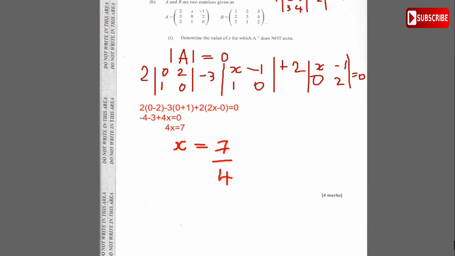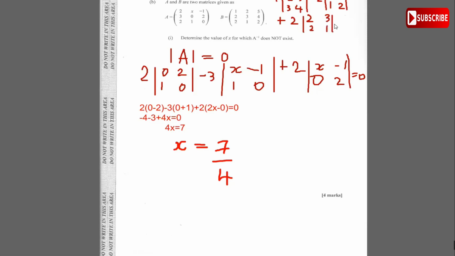Then we cross this out and go here, and we're getting 2, 3, 2, 1, so it's plus 2 times 2, 3, 2, 1. This is to find the determinant of B.